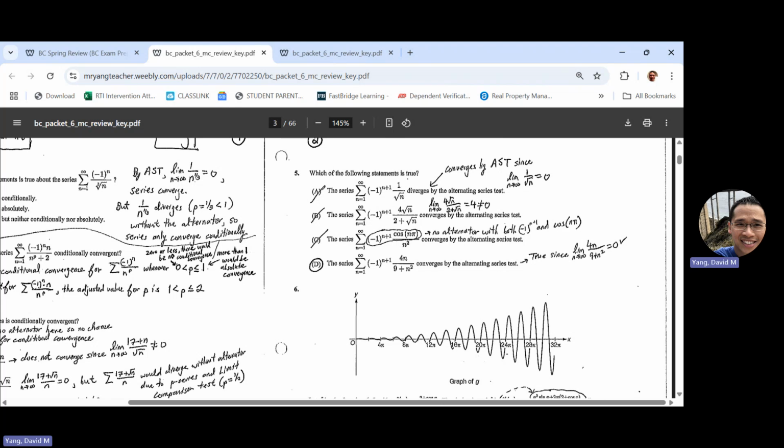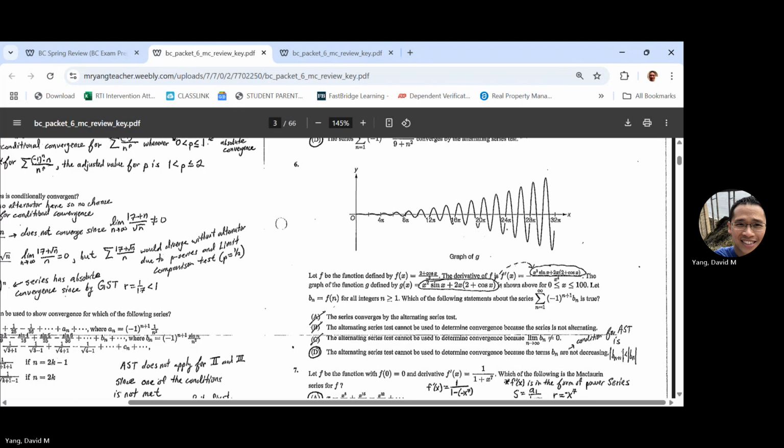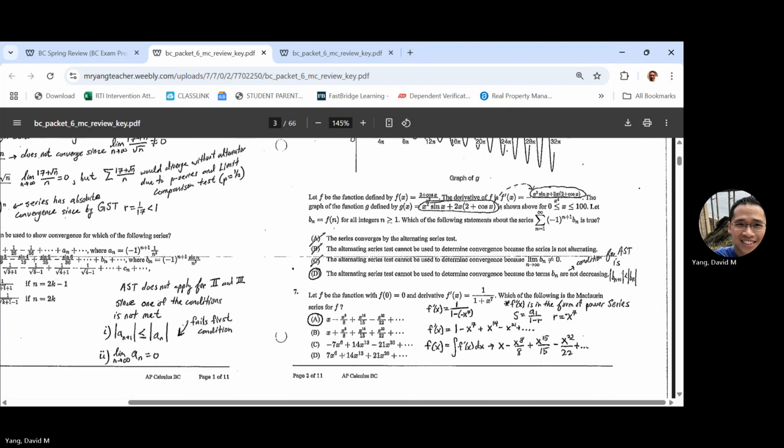And number 6, we're supposed to look at the graph and understand, okay, if every single term is not decreasing, then it doesn't meet the condition for AST.